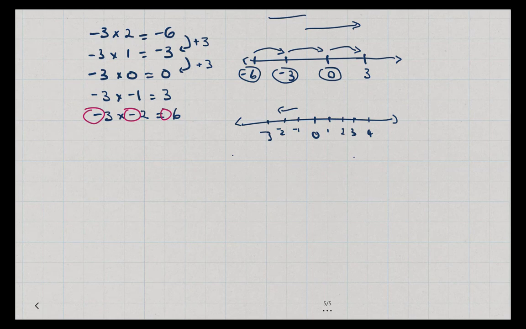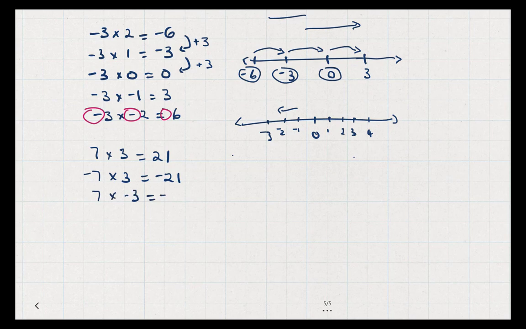Looking at 2 more examples. 7 times 3, we know that's 21. -7 times 3, we did that earlier, that was -21. 7 times -3, that gave us -21 as well. And now -7 times -3 gives me +21. -10 times -1, 10 times 1 is 10, a negative and a negative results in an outcome of positive.